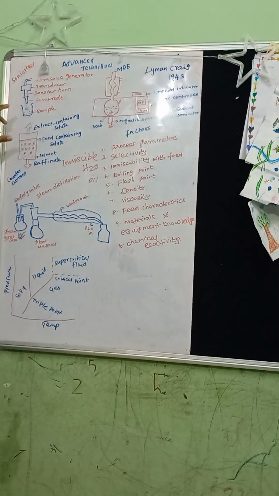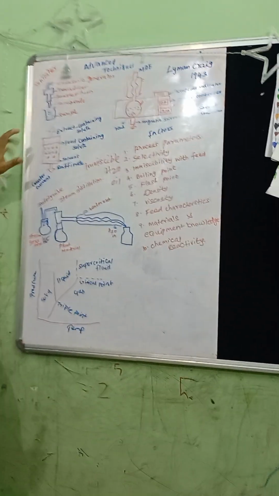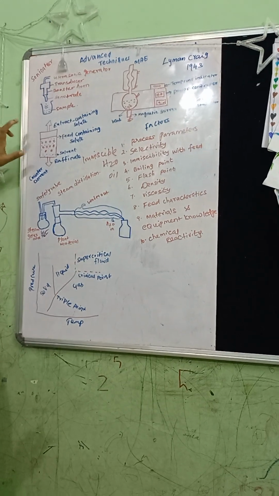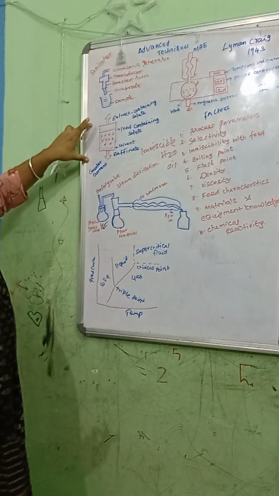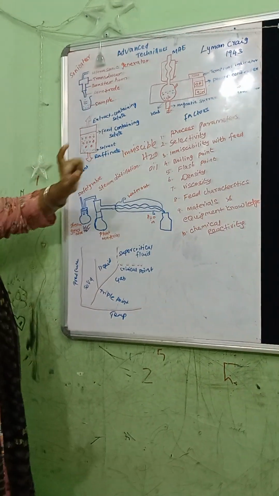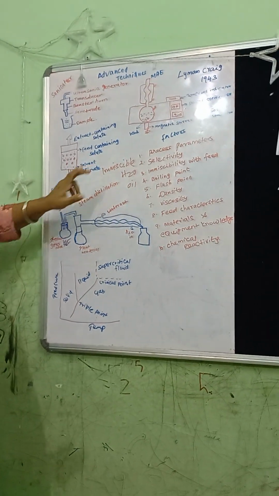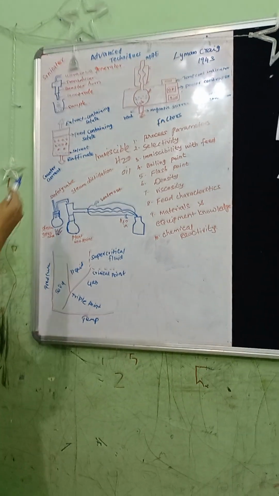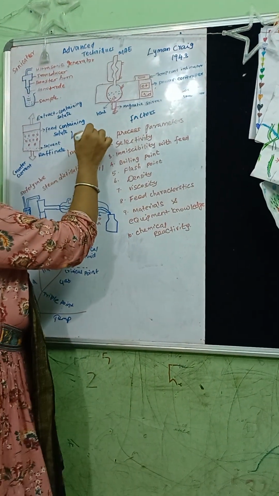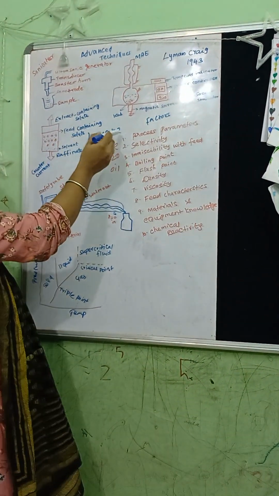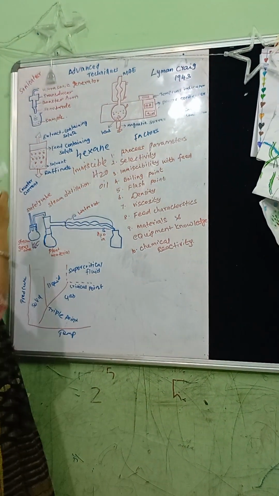In that condition we are supplying the counter current to get the product. So this is called the counter current technique using immiscible liquids. The best example is water and oil. Mostly in the lab we are using hexane, and along with the hexane solvent we are using oil or water.